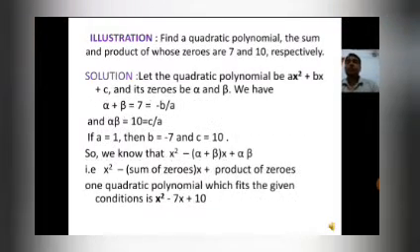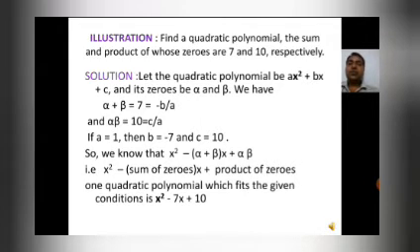Now another question: find a quadratic polynomial whose sum and product of zeros are 7 and 10 respectively.